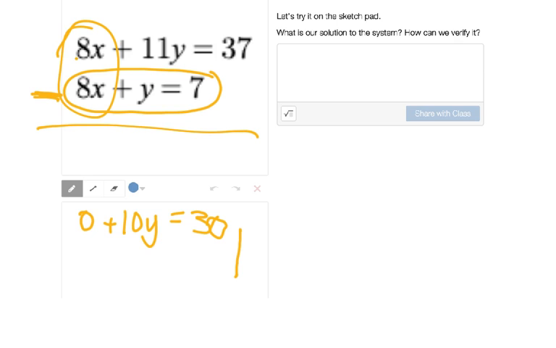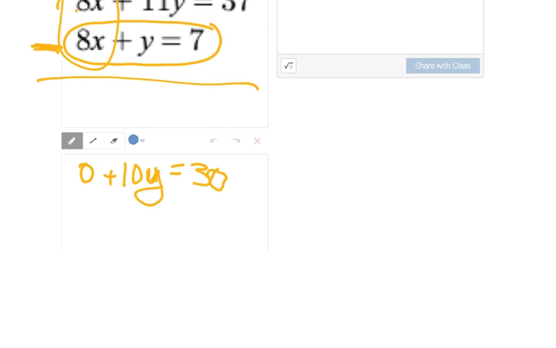So what now is our solution to the system? Well, we can continue by solving for y. How would I do that?